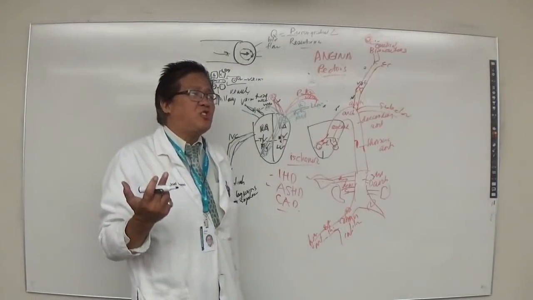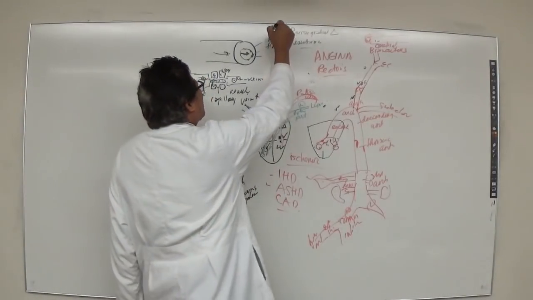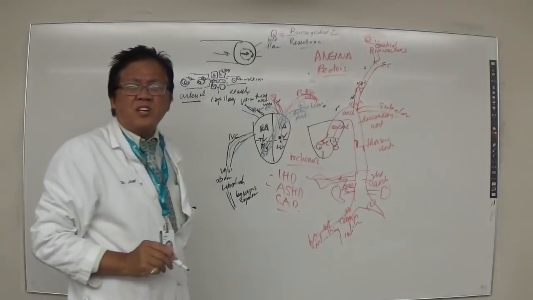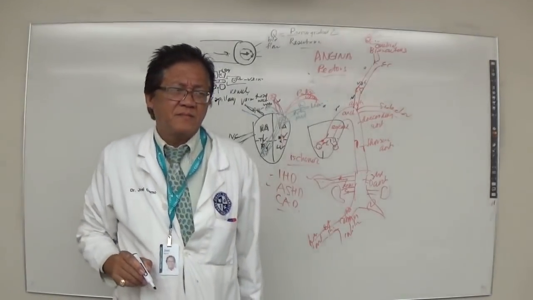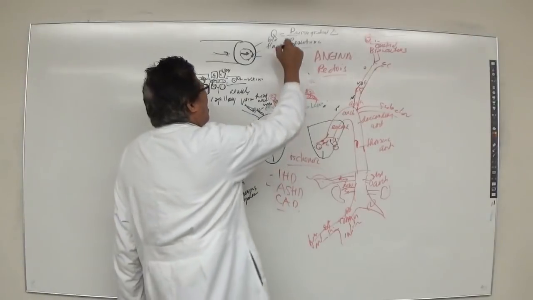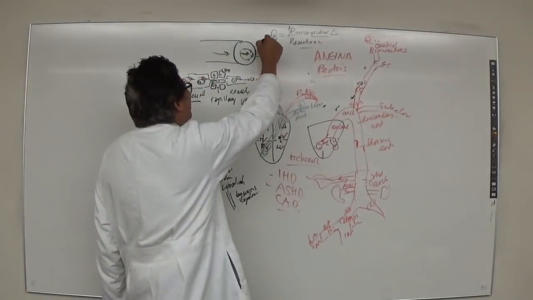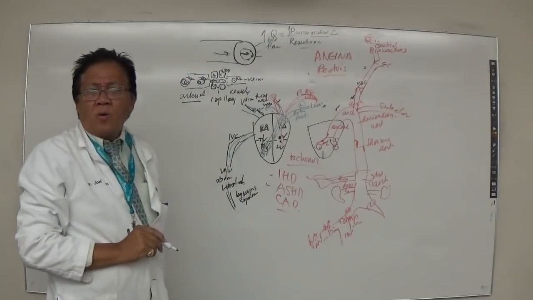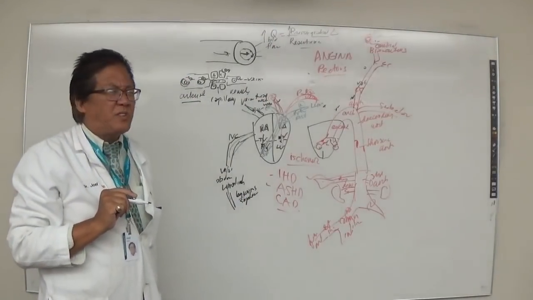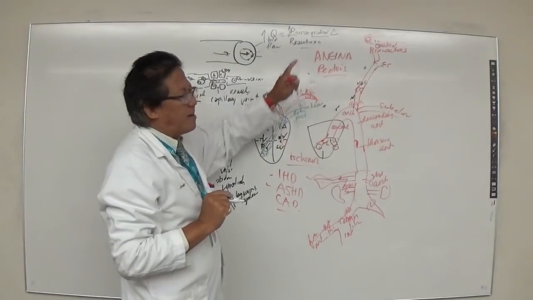Now, what is the relationship in this formula between Q and P? Flow and pressure. Direct or inverse? Direct. Very good. In other words, if you increase the pressure gradient or difference, there will be increased blood flow. On the other hand, what's the relationship between Q and R?